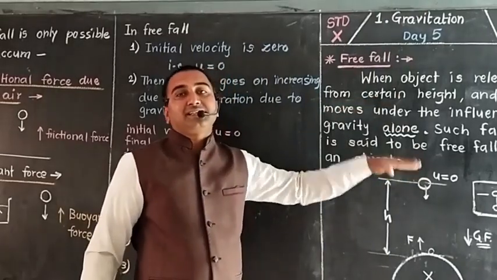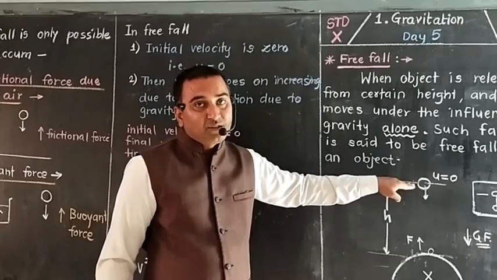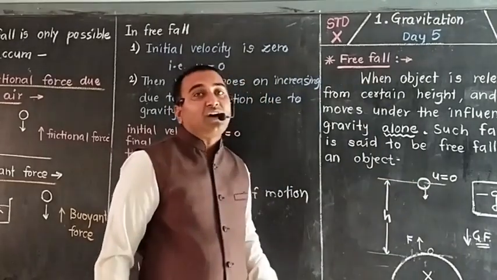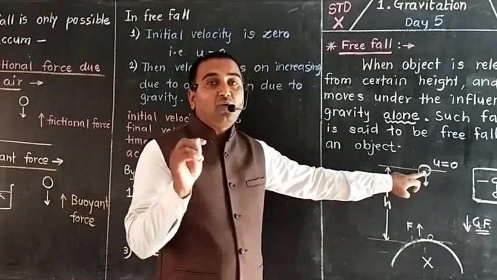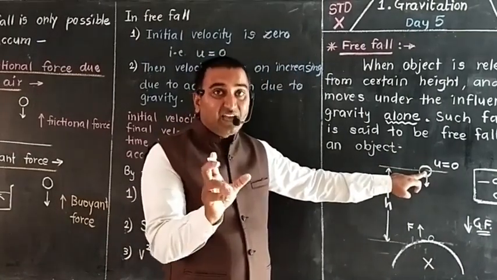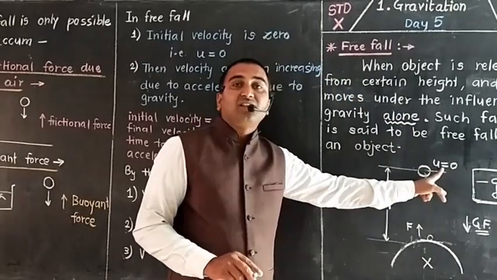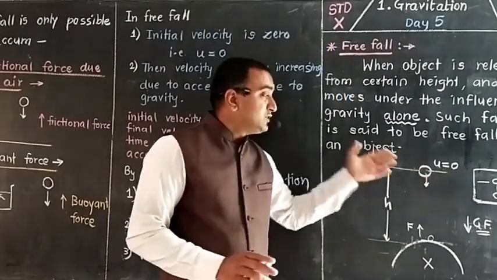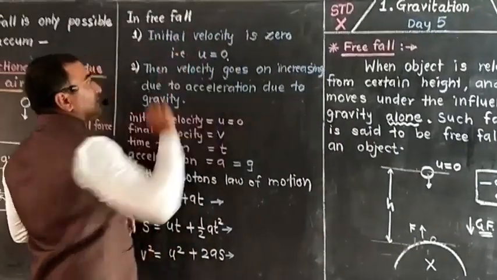When the object is stationary, we consider velocity to be 0, and then it starts to move downward. While moving downward, initially the object was at rest, and so we consider its initial velocity to be 0. So always in free fall, initial velocity is 0.